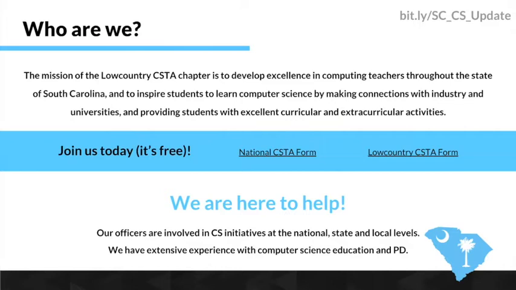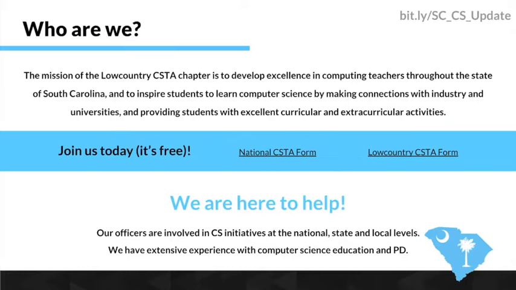Basically, we're here to help you. There's a national CSTA chapter as well as the South Carolina chapter, and both are absolutely free to join. There is a paid membership to the national chapter if you want the extra benefits that come with being a CSTA Plus member, but both are free to join.